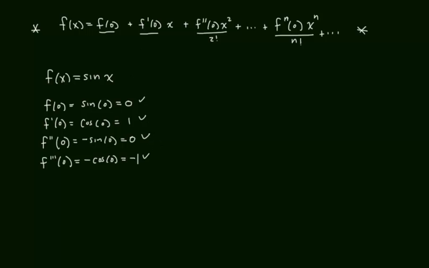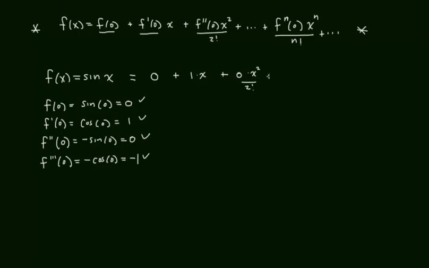So I'm going to come back now and say, well, the sine of x can be written as f of 0, which is 0, plus the coefficient f prime of 0, which is 1, times our x, plus the second derivative, 0, times x squared over 2 factorial.